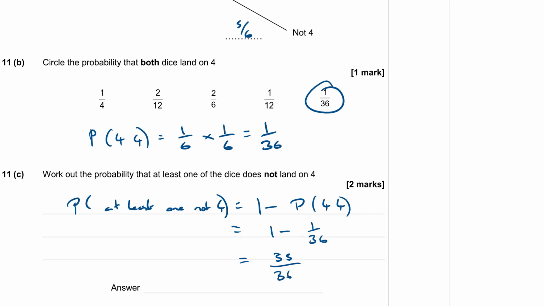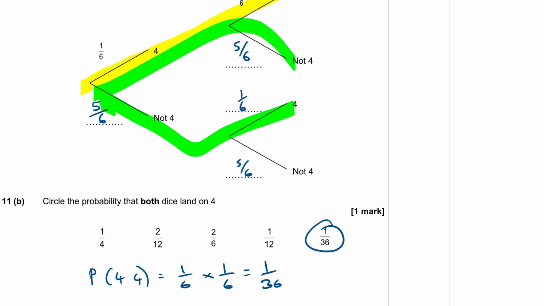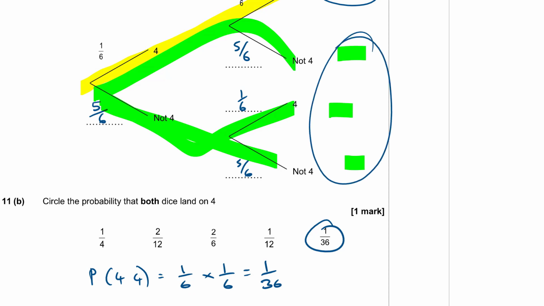Now you could do it the long way and work out that route, and that route and add them up, but because all of the outcomes add up to 1, if I know the first one, I can just take it away from 1 and it will give me the remainder.